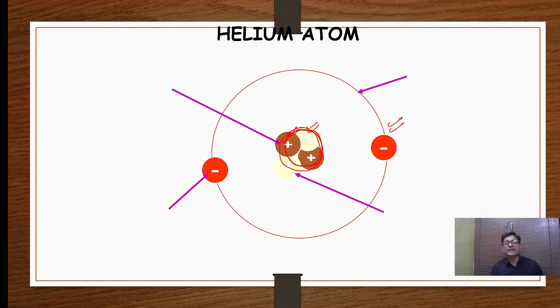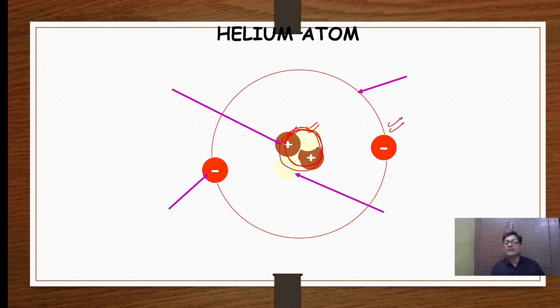Bohr proposed that in an atom there are many imaginary orbits, but the electron moves only in those orbits which have discrete or quantized energy.